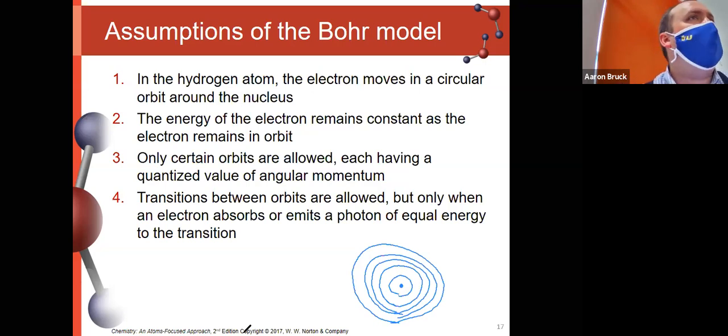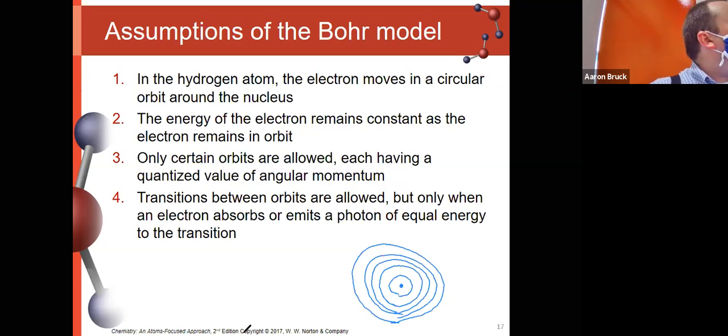We integrate quantization here by talking about the fact that there are orbits that are allowed and orbits that are not allowed. Only certain orbits are allowed. We can only transition between one orbit and another. Each orbit has a specific value, again quantization, a specific value of angular momentum and therefore energy.